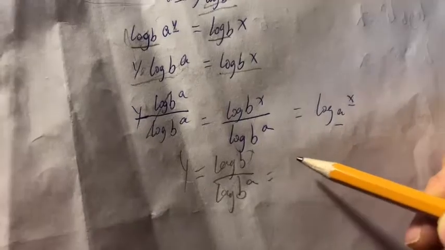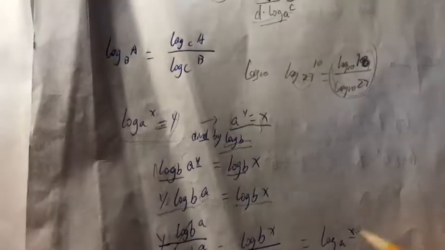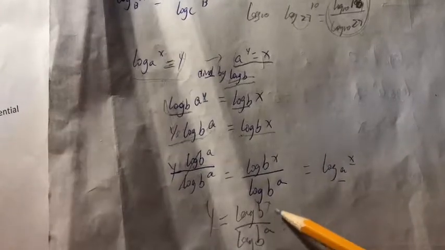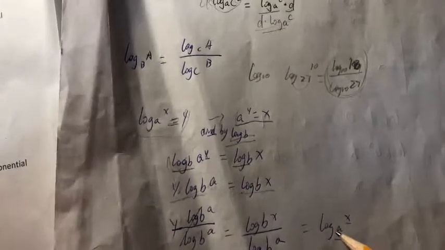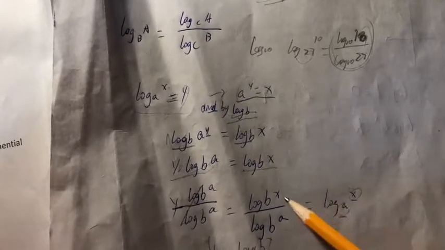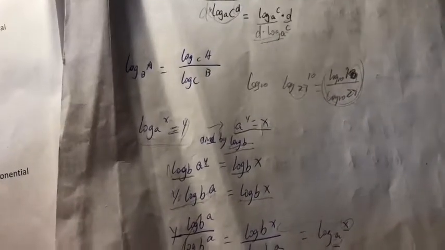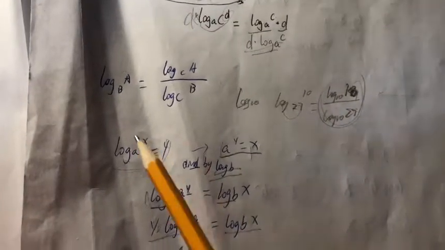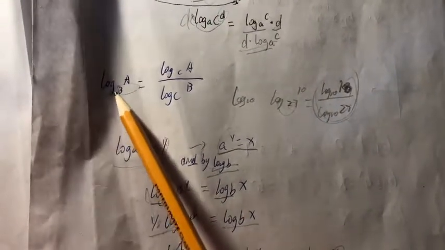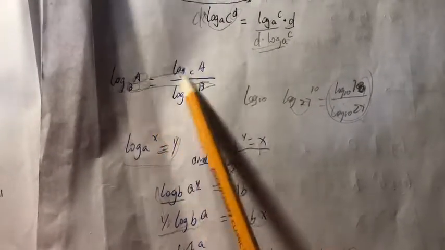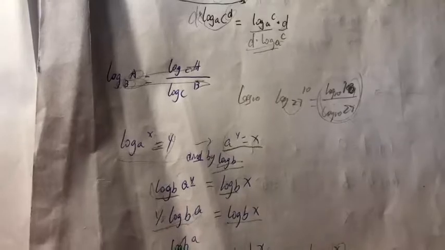And then you will realize that is the formula. You see, this one is on the bottom, this one is on the top. So very simple: the base is on the bottom, and this part is on the top. Just keep that in mind.